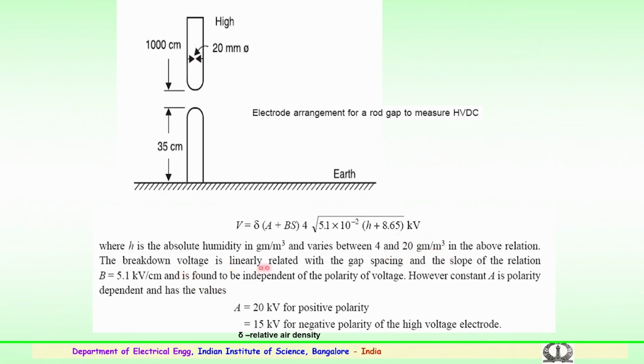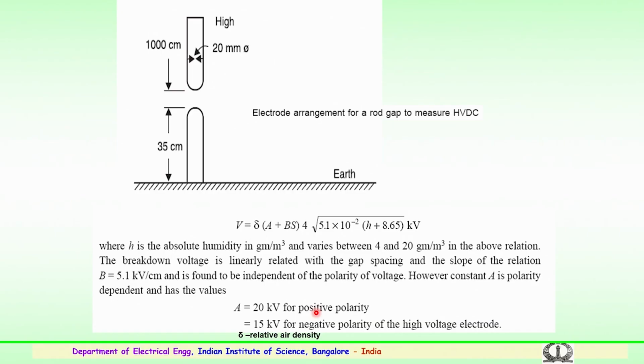So the breakdown voltage is linearly related to the gap spacing of the rods, and the slope of the relation, which is B equal to 5.1 kV per centimeter, is found to be independent of the polarity of voltage.